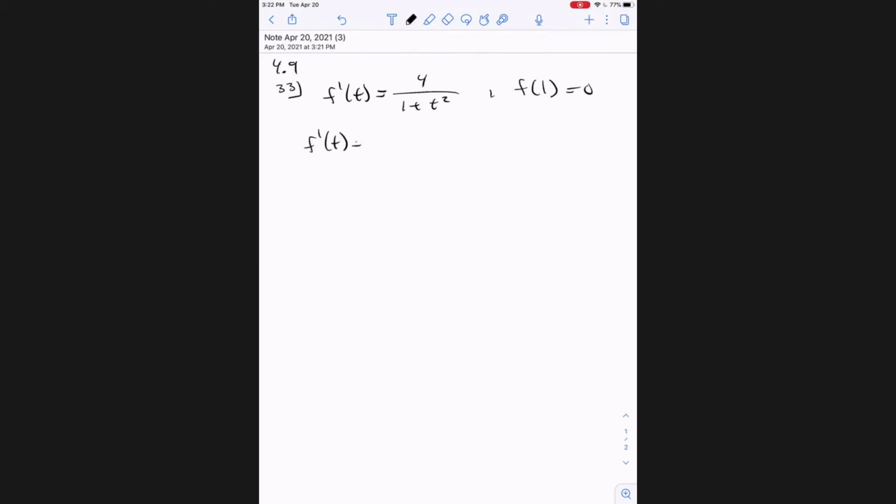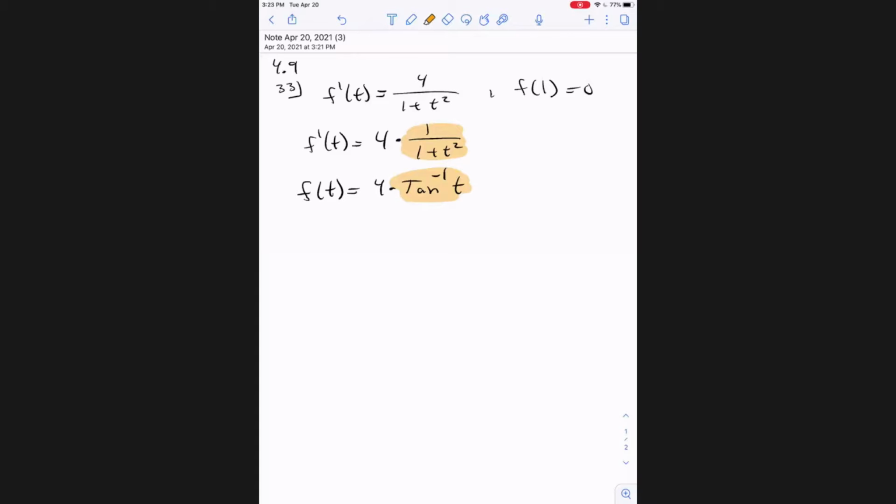So I'm going to rewrite this in a different form: 4 times 1 over 1 plus t squared. Does that look kind of familiar now? The derivative of what gave you 1 over 1 plus t squared? The inverse tangent function, right? The inverse tangent of t, the derivative of this is that.